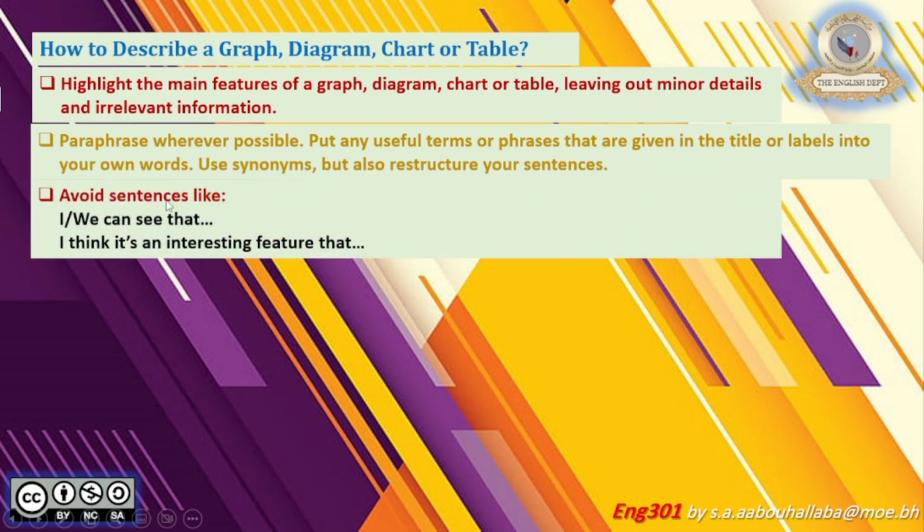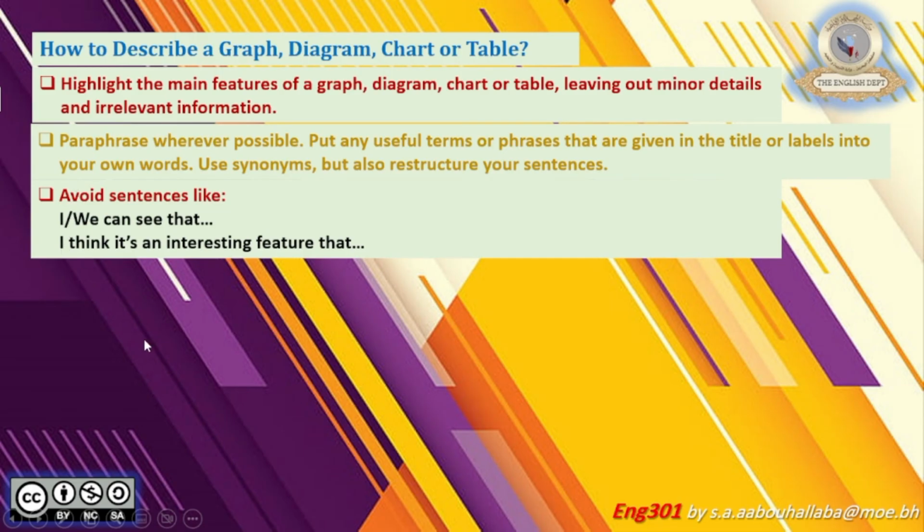You need to avoid sentences like these. This is very important. I or we can see that. No, you use the passive in that way. It is clear that. It can be seen that. Not I can see or you can see or we can see. Well, I think it is an interesting feature that. No, don't use the first person I or we at all.